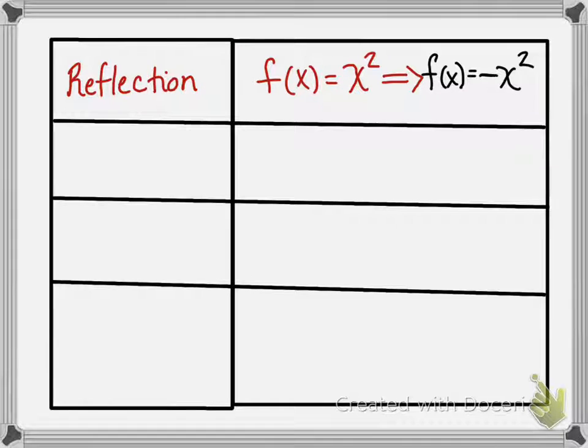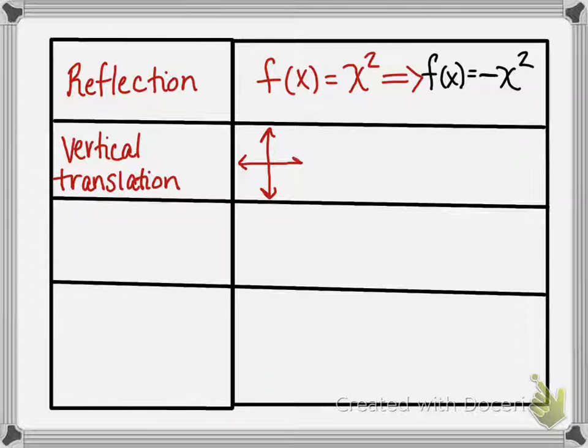Okay, the other one was what we'll call a vertical shift. We'll call that vertical translation or shift. I'll put translation. We tend to like to use that word a little more. That just means, I'm going to draw a little graph here. That means that maybe my parent function was right here like this, and a vertical translation happened, and it moved it up this way, or it could move it down here.